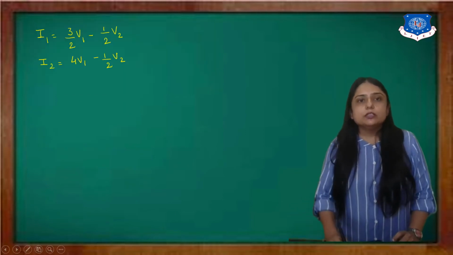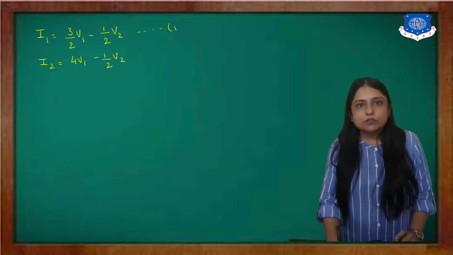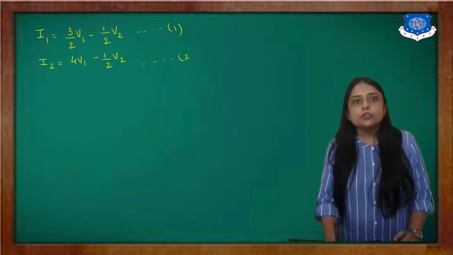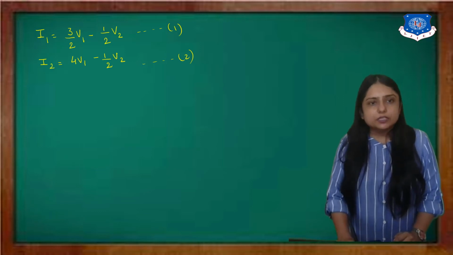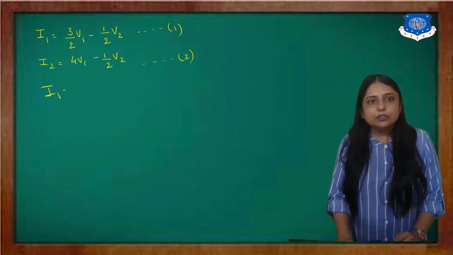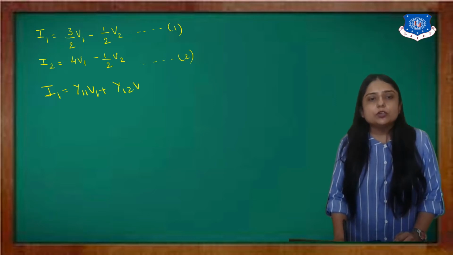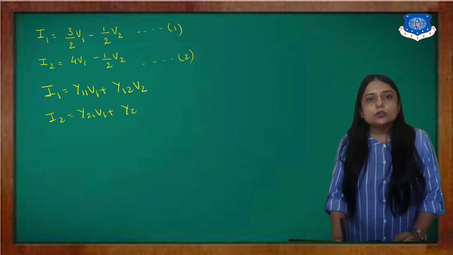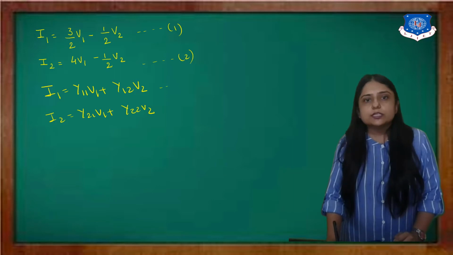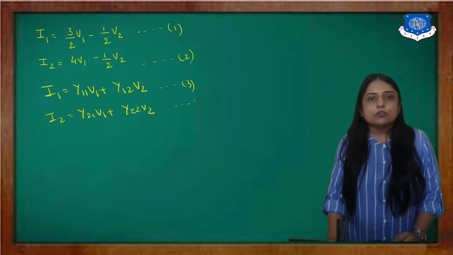This was my equation 1 and this was my equation number 2. Now my standard equations of the Y parameter are I1 equal to Y11 into V1 plus Y12 into V2, and I2 equal to Y21 into V1 plus Y22 into V2. These are equations 3 and 4.